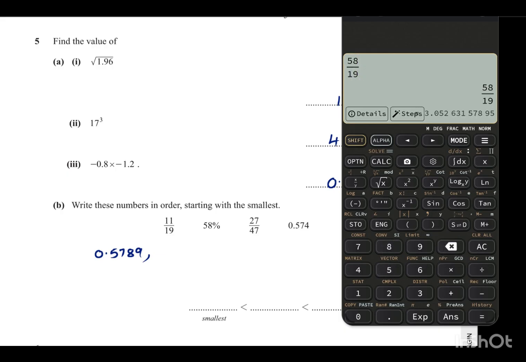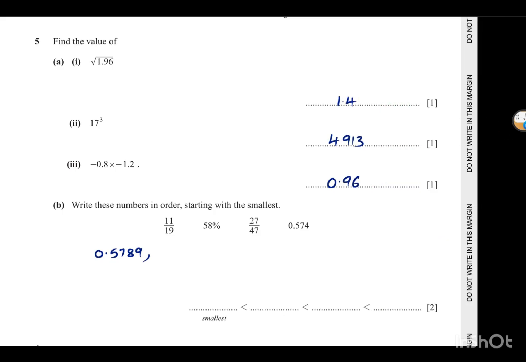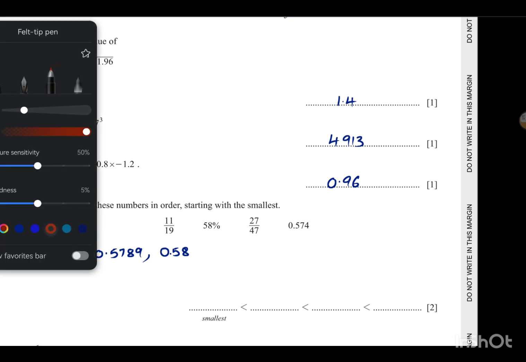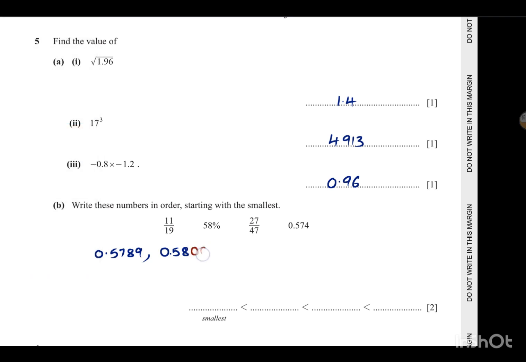For percentage, we need to divide the given percentage by 100 because it is out of 100. 58 by 100 is 0.58. There are only 2 decimal places, so to make it like the others, add 2 more by adding 0.